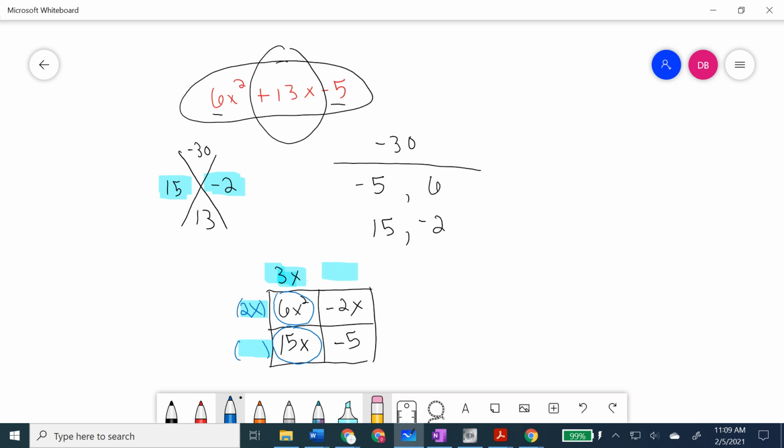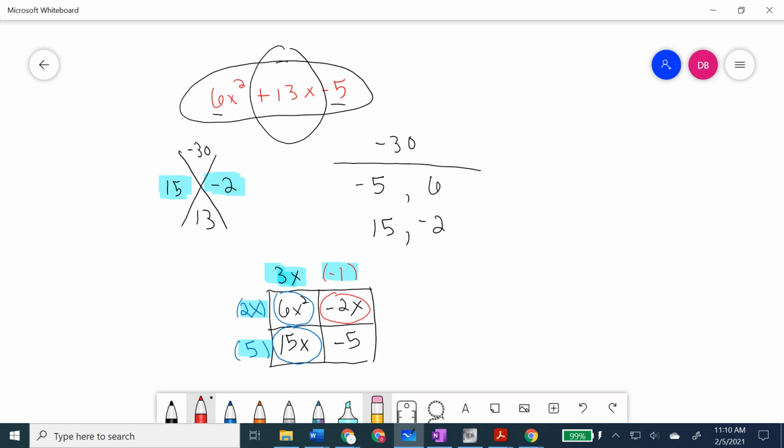That would be 5. And now cross your fingers, because this negative 2x comes from multiplying this 2x by what is here.